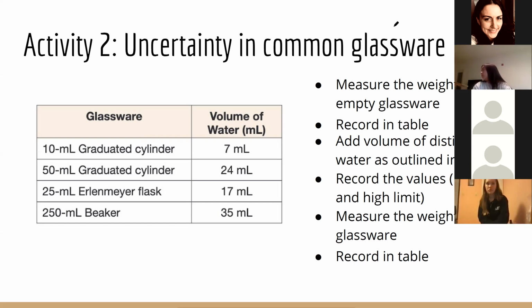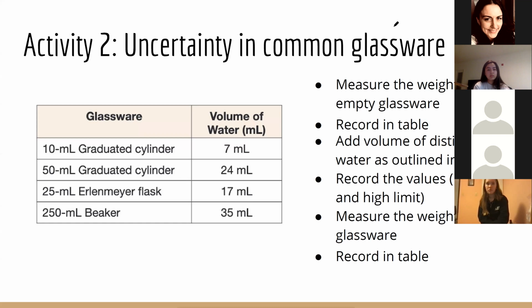It's the one with the little bulb at the top. That will be very helpful for adding precise volumes, because it's really tough to just pour from a big glass and get exactly 7 mL. You're going to want to add drop by drop. So I'll show you what the transfer pipette is.